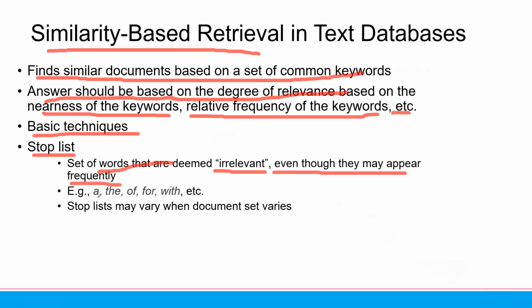For example, the, of, for, with. It is sometimes not necessary to count their frequency. If you look at an article in English, there might be a lot of "and" and "the", and they do not represent anything.